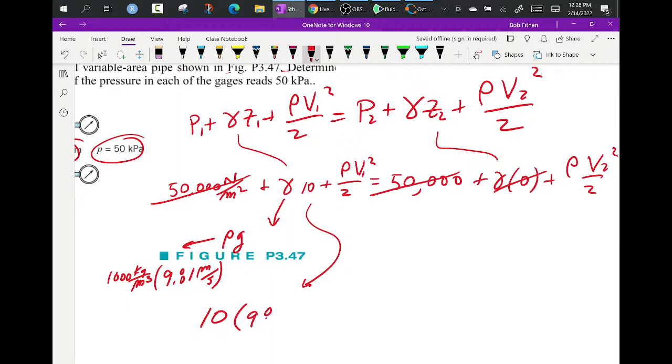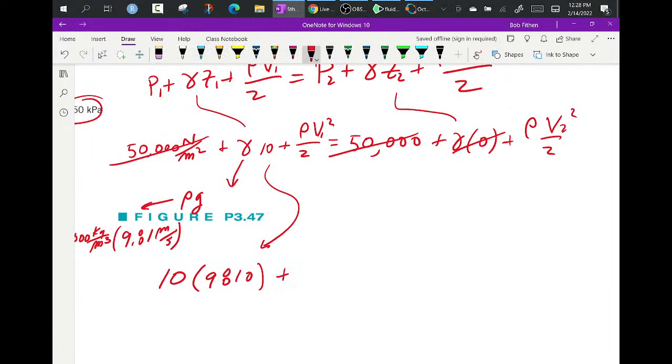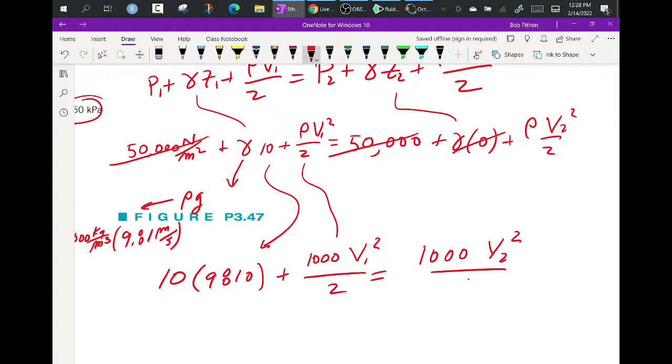So you get 9,810 newtons per meter cubed, and you get a meter here. So this will be pascals that comes out of this. Then you get plus rho, which is still 1,000, V1 squared over 2 equal to 1,000 V2 squared over 2.